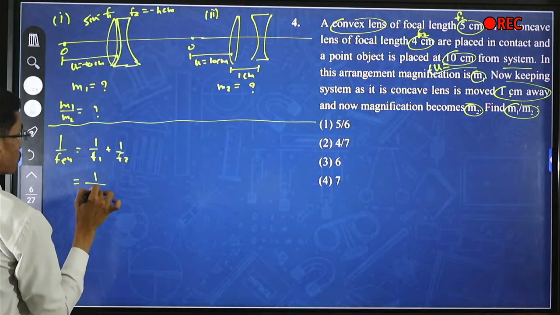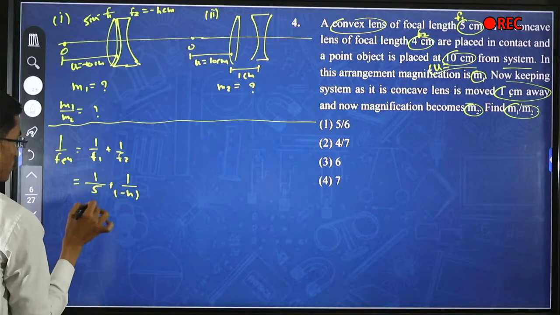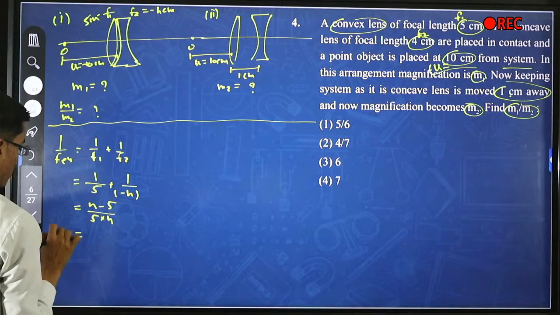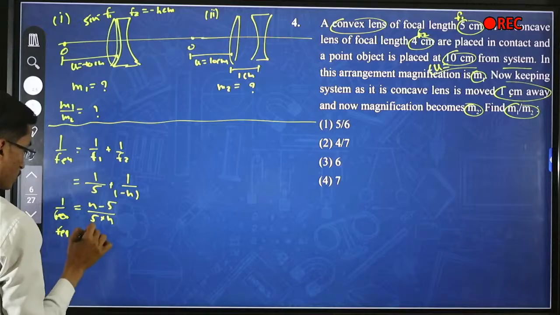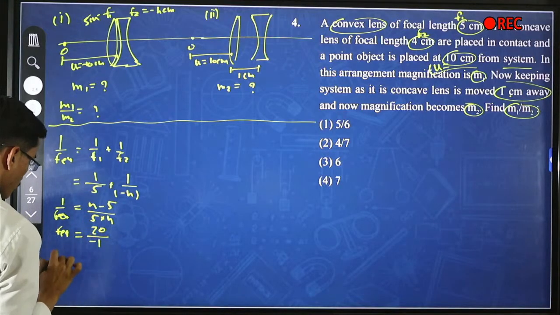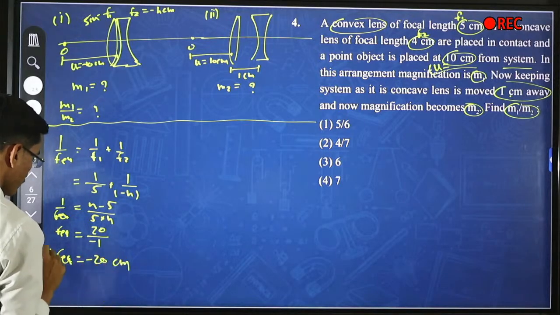So 1 upon 5 minus 1 upon 4, which is 4 minus 5 upon 5 into 4. So F equivalent is equal to 20 upon minus 1, so F equivalent will become minus 20 centimeter.